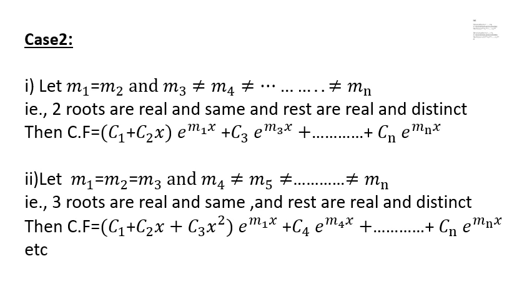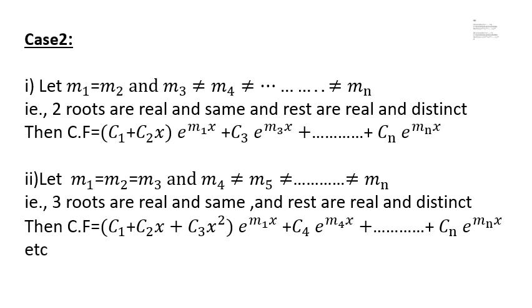Next subdivision, now we assume let m1 equal to m2 equal to m3 and m4 is not equal to m5, m5 is not equal to m6, not equal to mn.